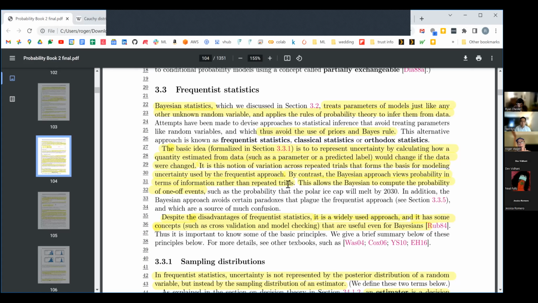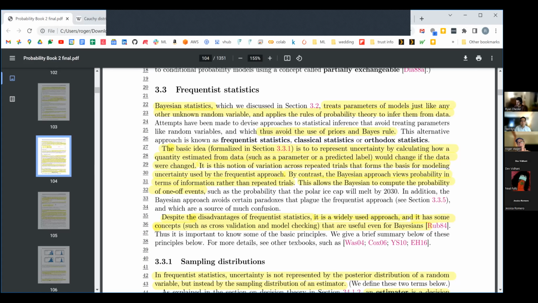Okay, so I'll just read it. Please interrupt me. I'll try to skip ahead as quickly as possible. The basic idea is to represent uncertainty by calculating how a quantity estimated from the data would change if the data were changed. It is this notion of variation across repeated trials that forms the basis for modeling uncertainty used by the frequentist approach.